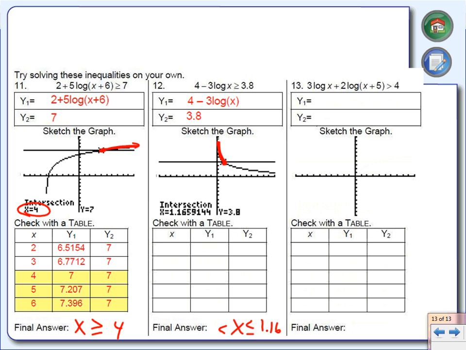We're going to say that the x values also have to be greater than 0. We don't want any negative x values. Therefore, the solution in number 12 are all the x values between 0 and 1.16. All right, guys, we're going to go ahead and stop right there.